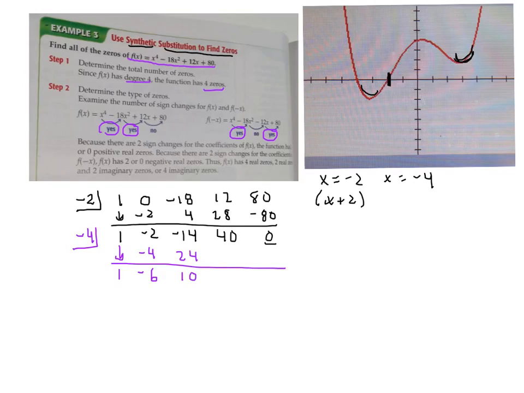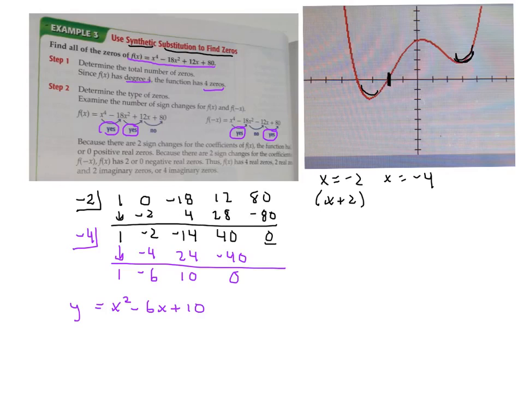I multiply, I get negative 40. I add, I get 0. It means I'm left with x squared minus 6x plus 10. Does that factor? No. No factors of 10 add up to negative 6.